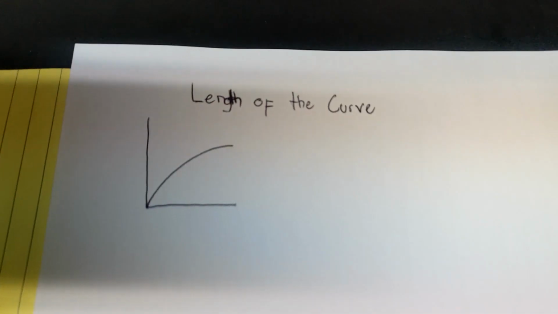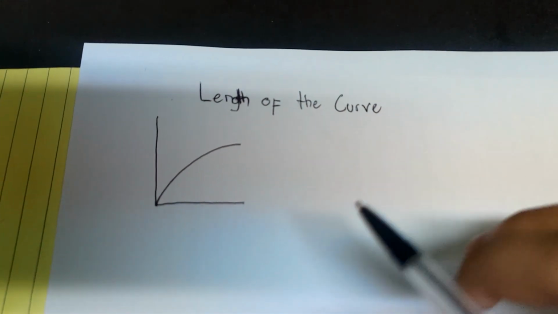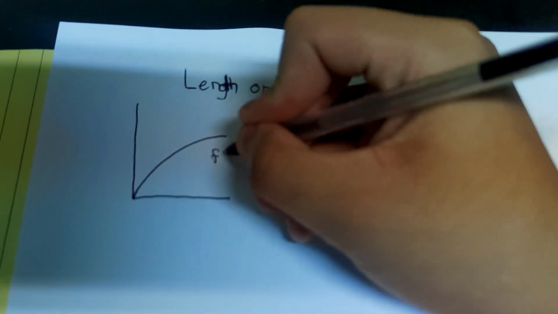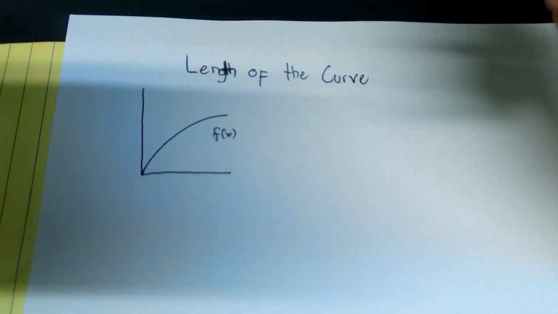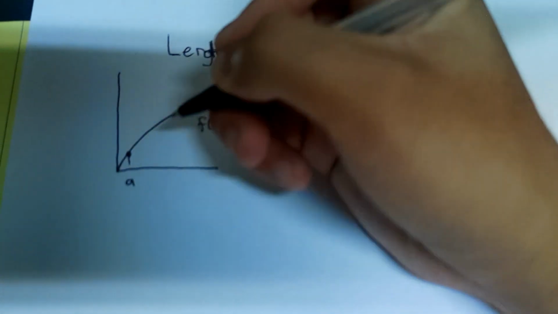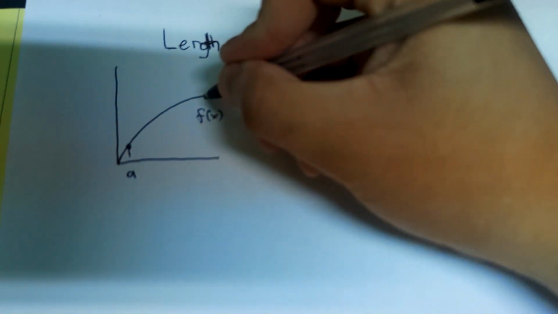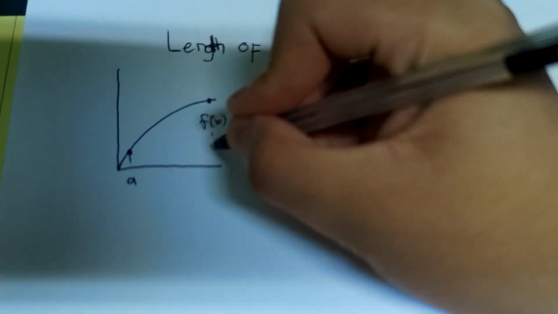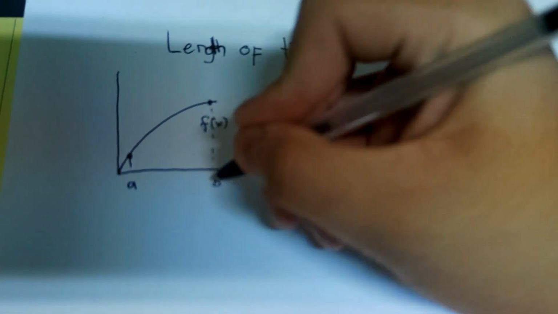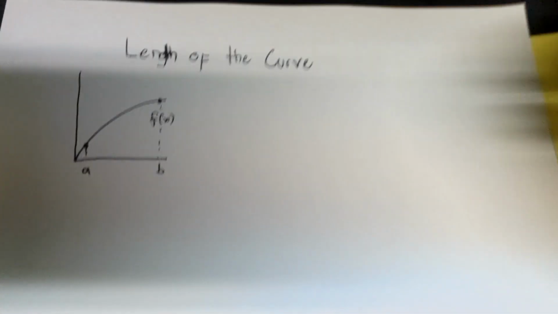So for example, here we have a function. This curve will be our f of x. How do we find the length of the curve? If this is our limit a, and this is our limit b, we have our formula.